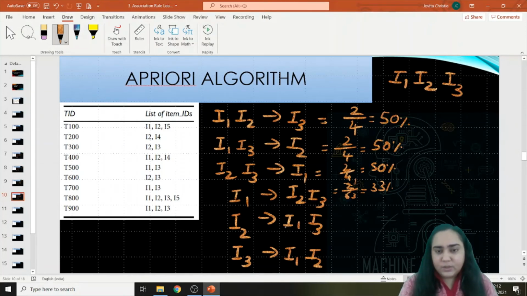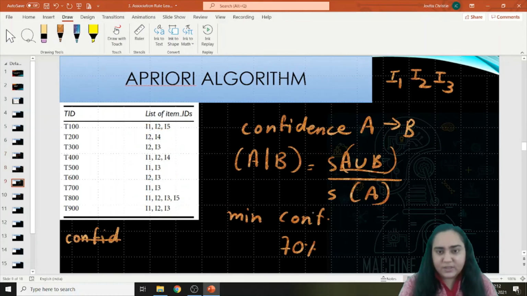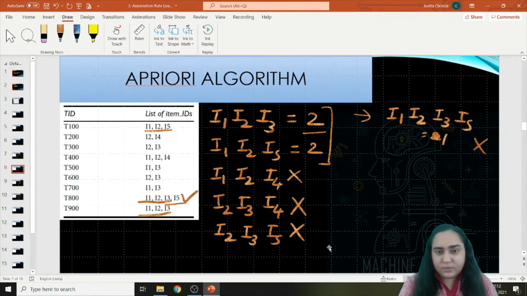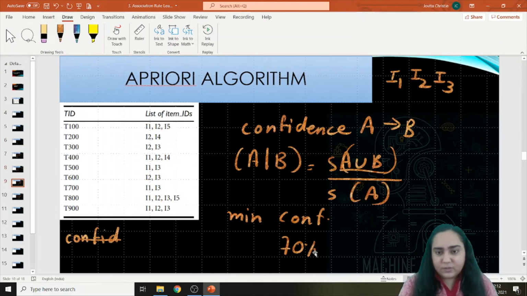Let's see this one. So this will also be 2 by, I think, the support count of I2 is 7. So 2 by 7. We don't have to find the percentage. We know it's not going to be 70. This one will be 2 by, item 3 is appearing 6 times. So once again, 2 by 6.